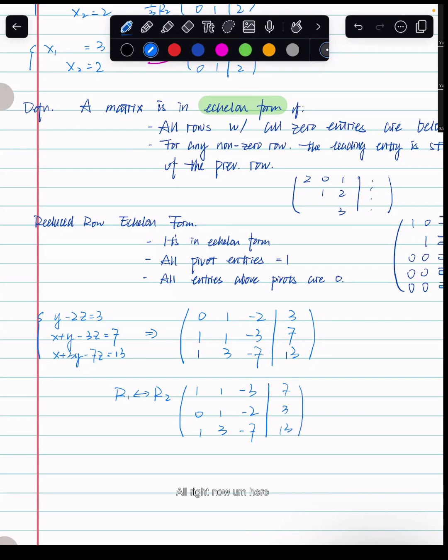All right, now here I don't want this 1, but I can use my first row to get rid of this 1 in the 3, 1 place. So I want to replace the third line with R3 subtract R1. The first 2 lines don't change.